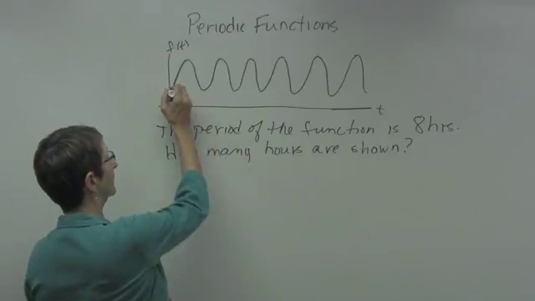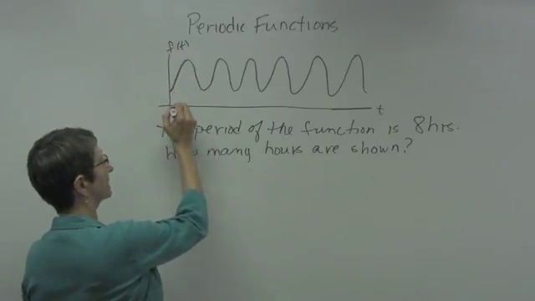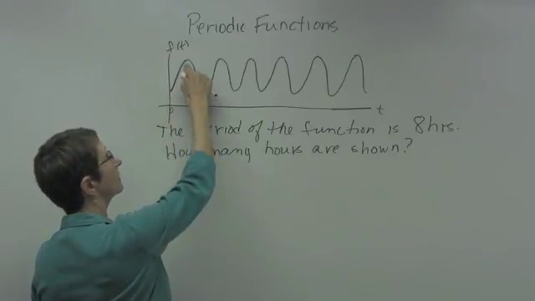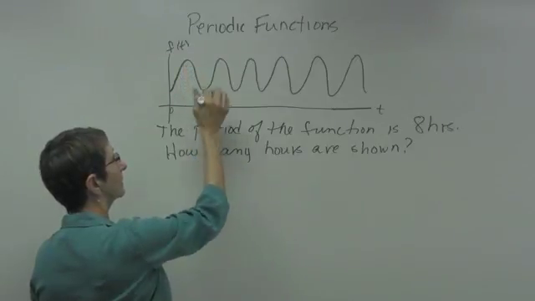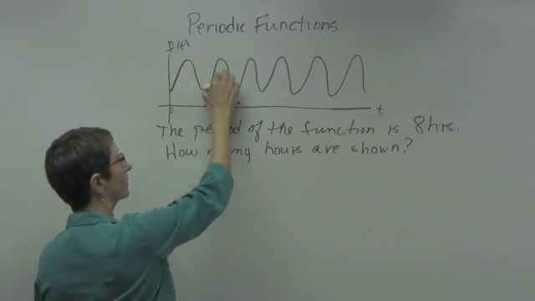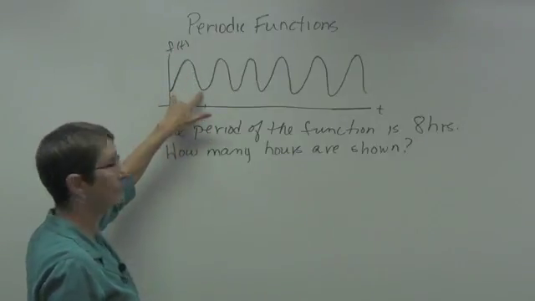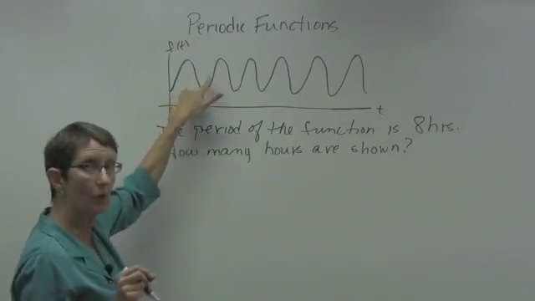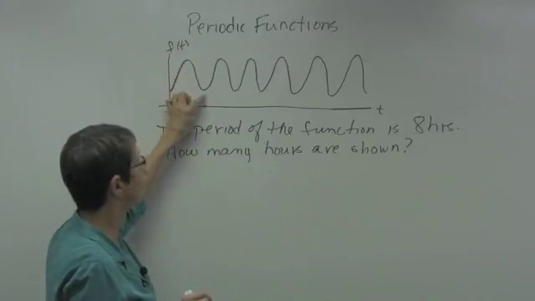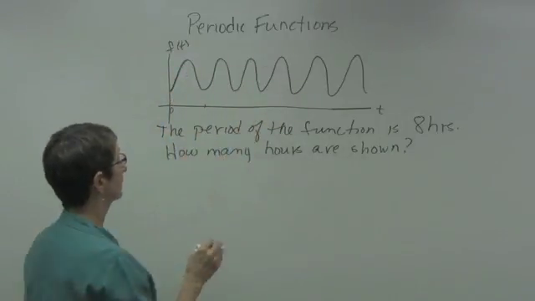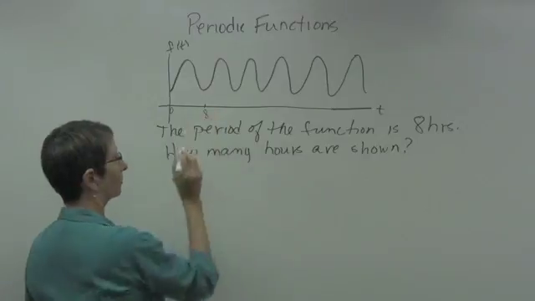So we start at 0 here. That'll be t equal to 0. It goes up and then down. And at this point, it starts to go up and down again. So this piece right here is one period. That's the way the entire function looks, and then it repeats that. So this would be 8 hours.